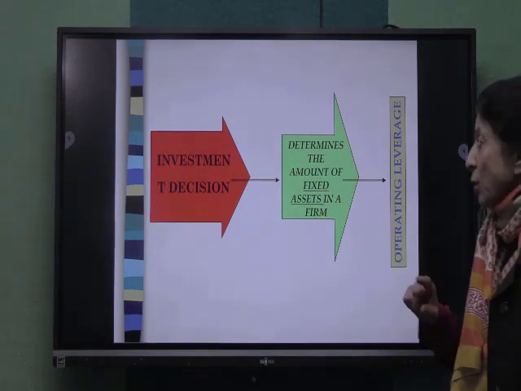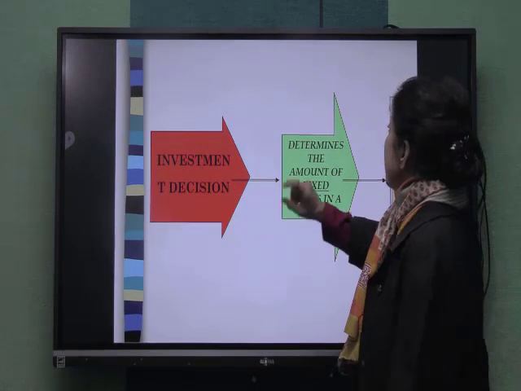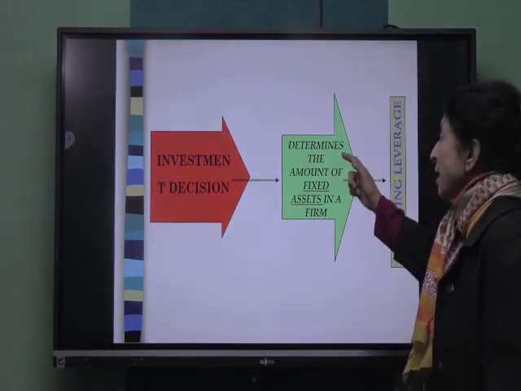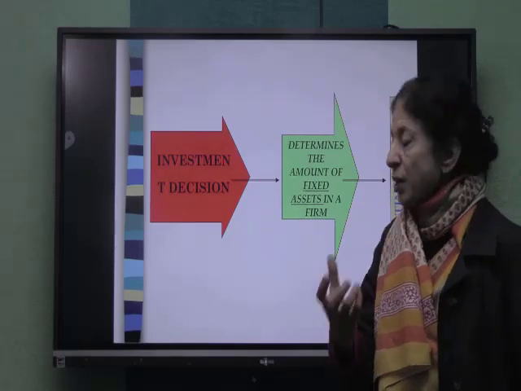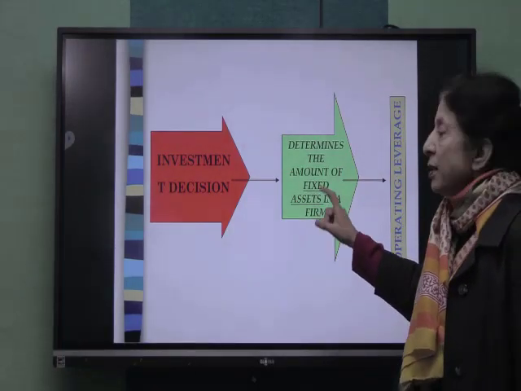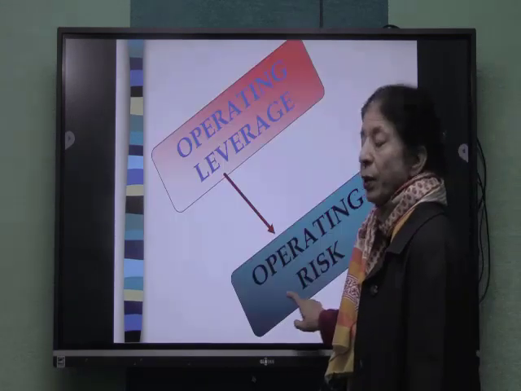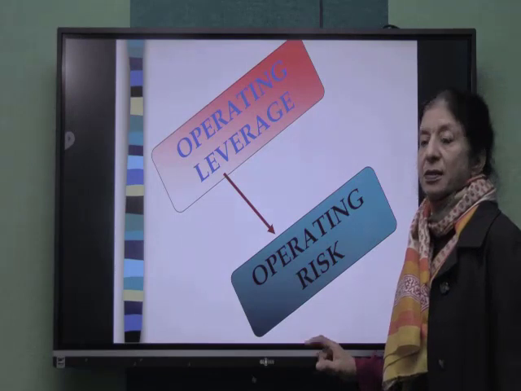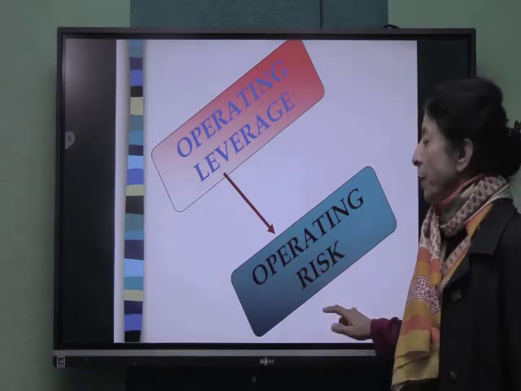You have invested some amount of funds, and then it determines the amount of fixed assets in my operating structure. And whatever is the amount of the fixed cost, that will determine the operating leverage. I have already told you that. Hence the operating leverage leads to operating risk.